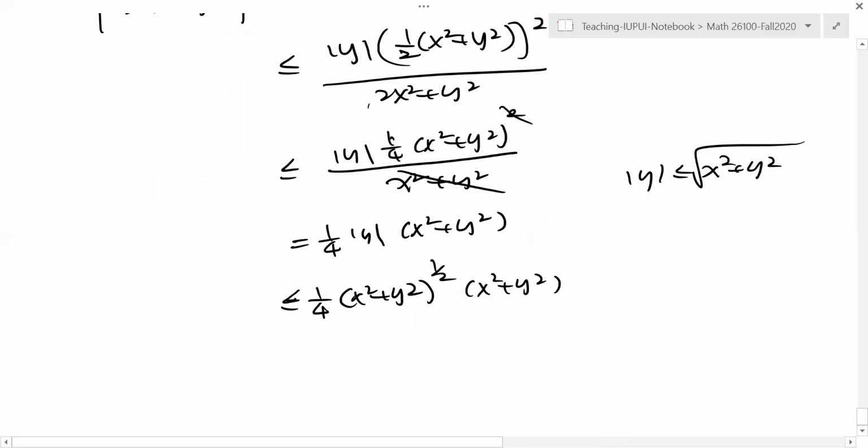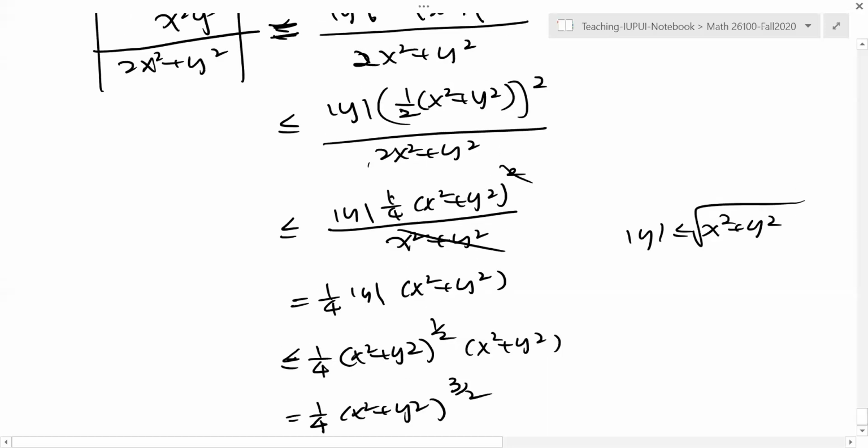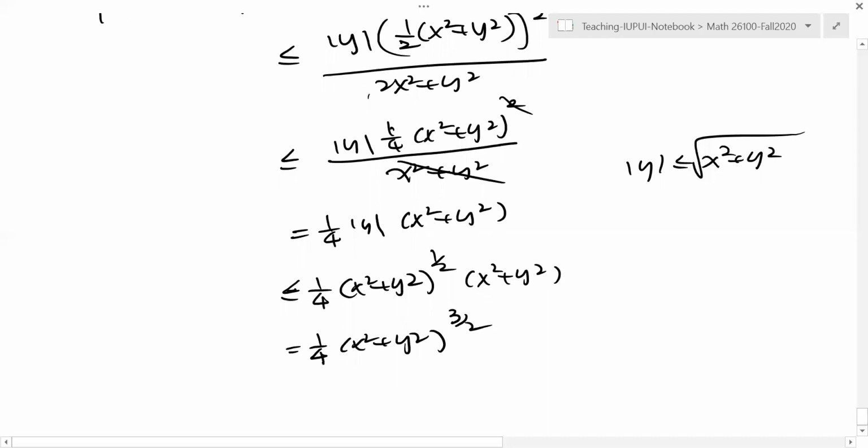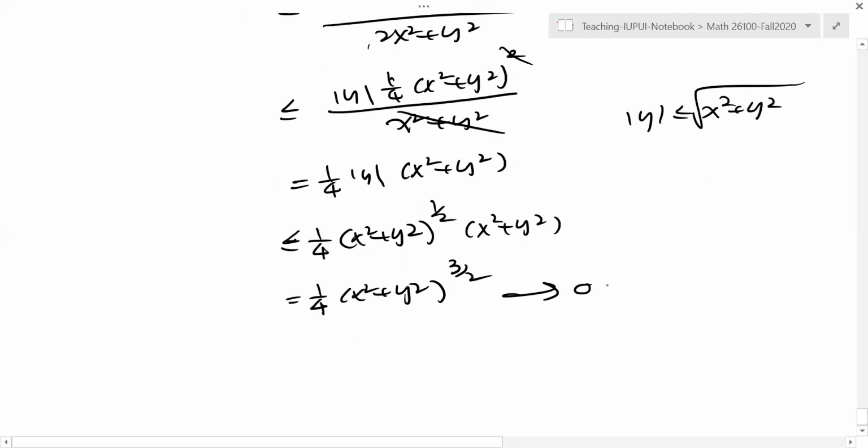So after combining them, this is a very good estimate. And clearly this approaches 0 as x squared plus y squared approaches 0, as x and y approach 0, 0.